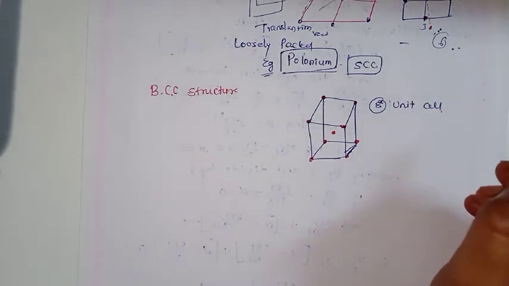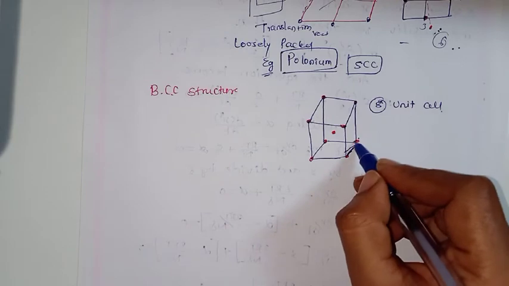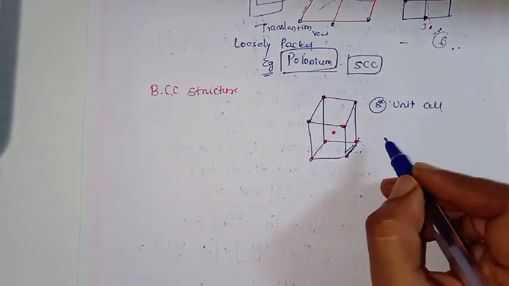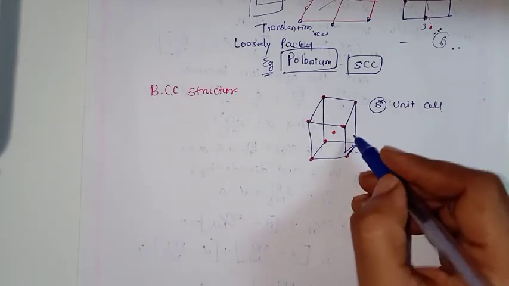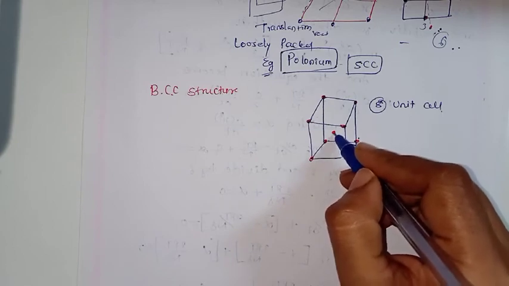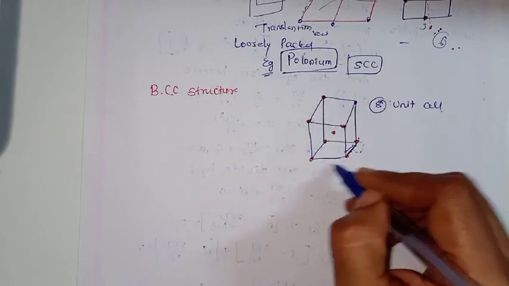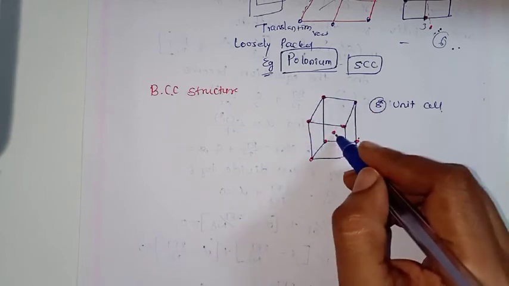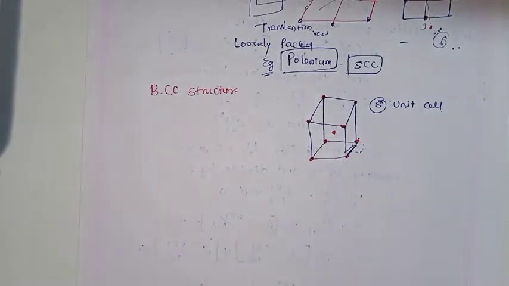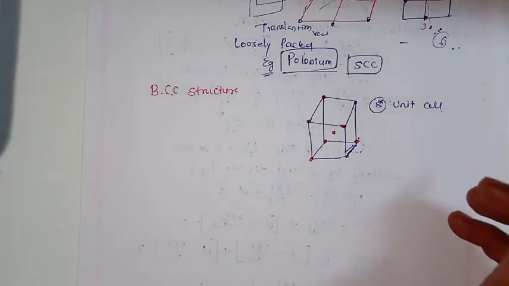The nearest atom to the corner atom is the body centered atom, the nearest atom which will be at equal distance to all 8 atoms. That's why it is a body centered atom, and not the other corner atoms.